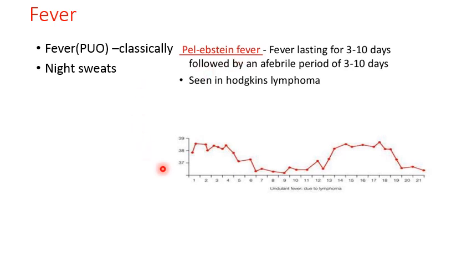That is, you get fever for a period of 3 to 10 days, followed by an afebrile period of another 3 to 10 days, and then you get another period of fever for the same duration. This is the classical but not the commonest presentation, called Pel-Ebstein fever. It is generally associated with profuse sweating and sometimes drenching night sweats like in tuberculosis. So it comes in the differential diagnosis of TB as well.